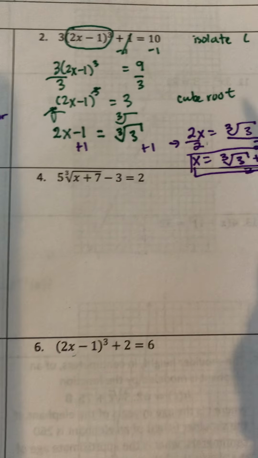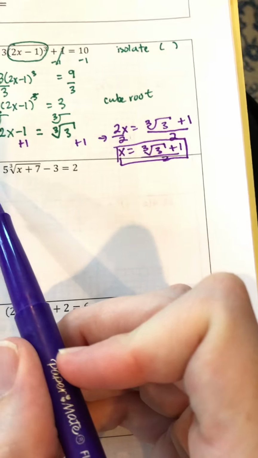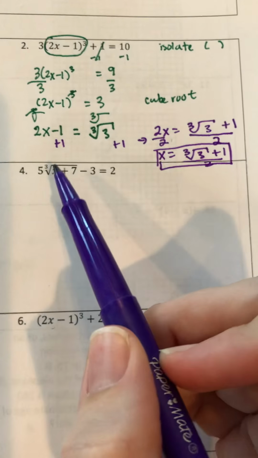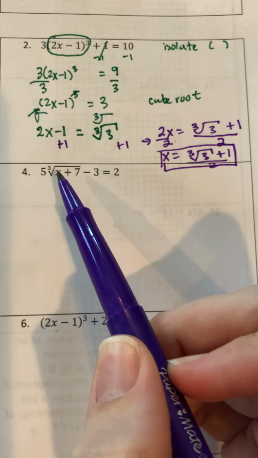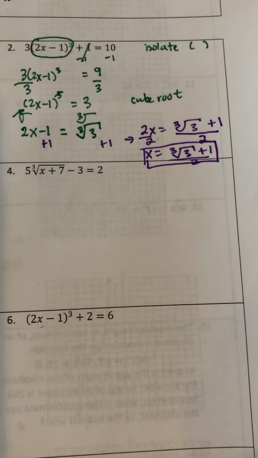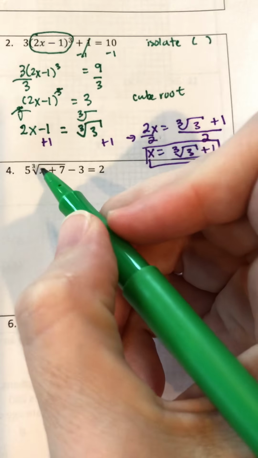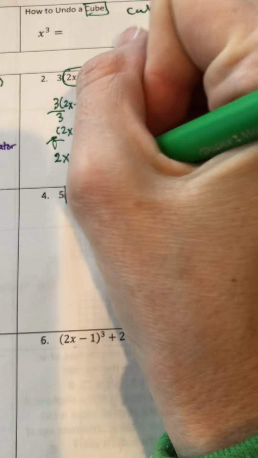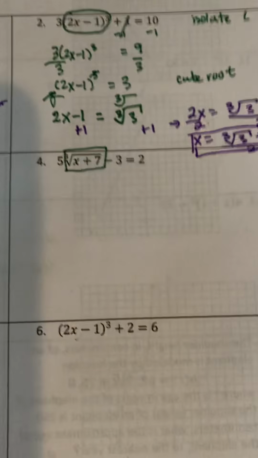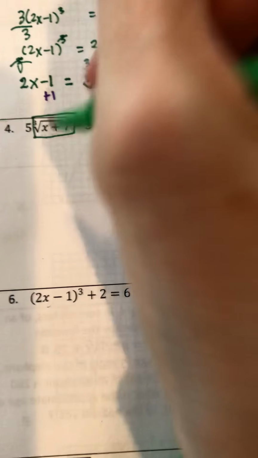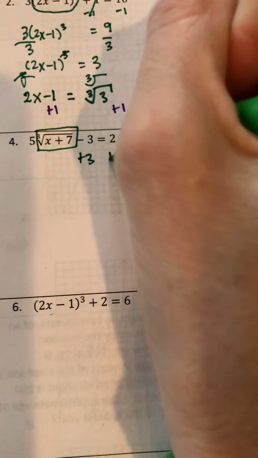Okay, and then the next one I'm going to show y'all is number 4. Our variable again is inside of a grouping symbol, so we're going to want to isolate that grouping symbol first. We would need to add 3 to both sides.